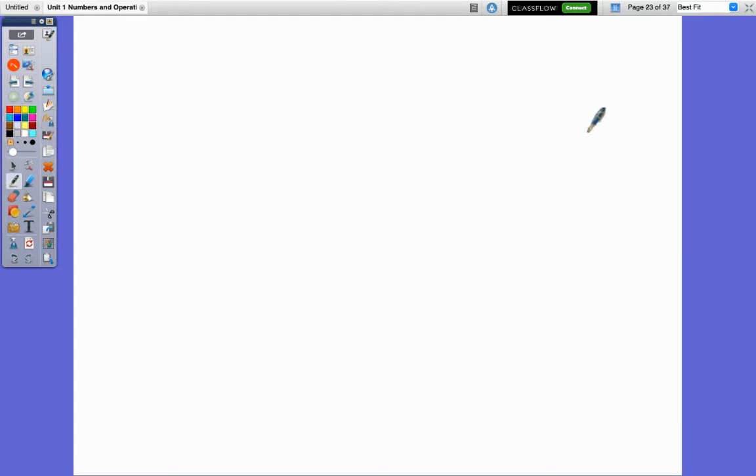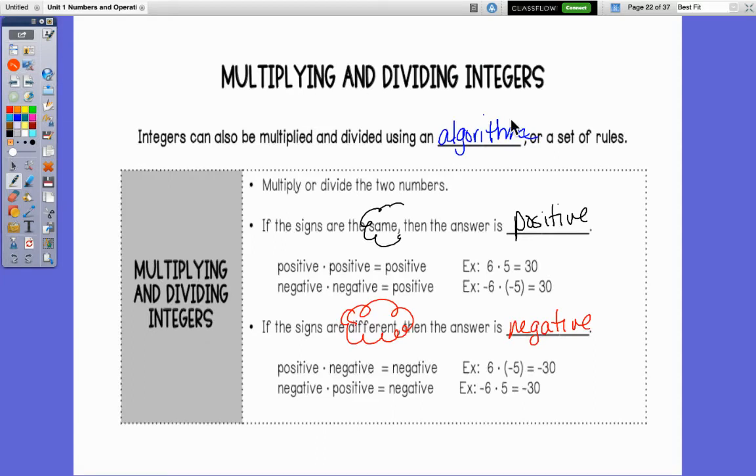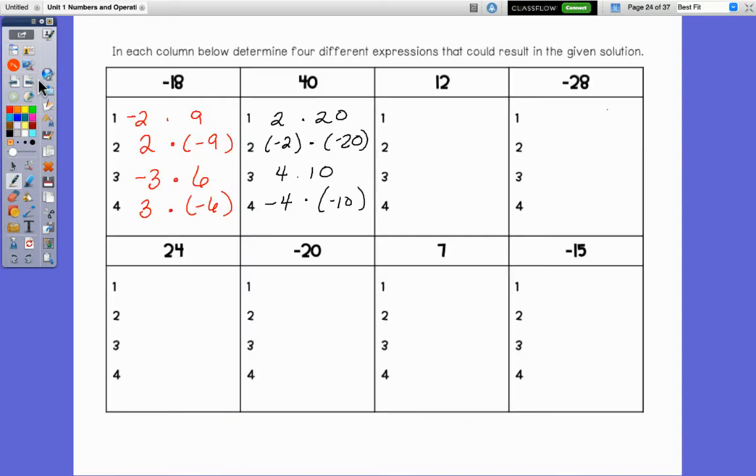How about this? Negative 4 times positive 7, or I could do positive 4 times negative 7. Another one I could do is 2 and 14. So negative 2 times 14 or positive 2 times negative 14.